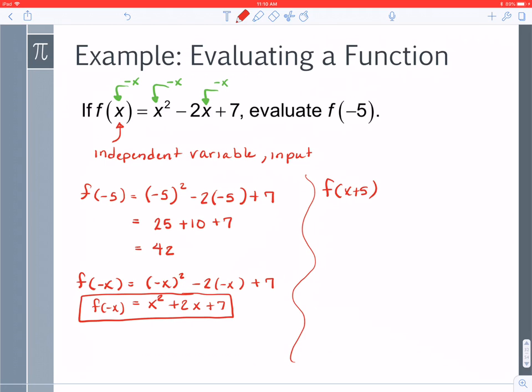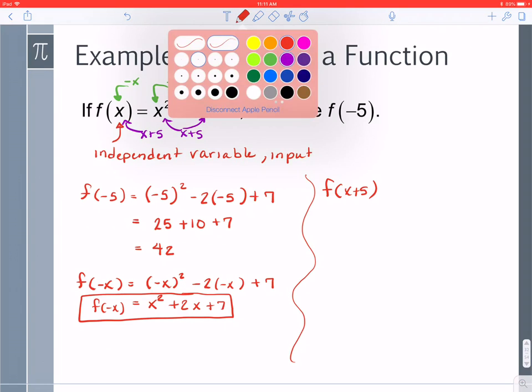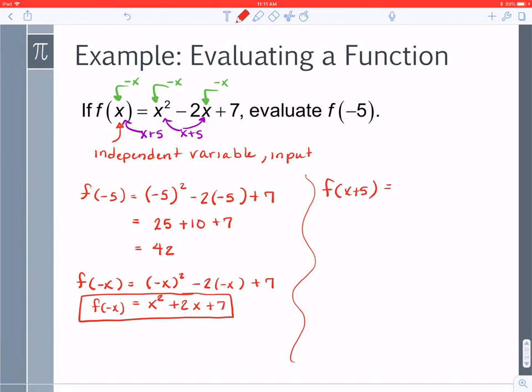Just like when we evaluated this function at -x, we're going to replace all the x's in our function with an x plus 5. All right, when we do that, what do we get? We get (x plus 5) squared minus 2 times (x plus 5) plus 7.